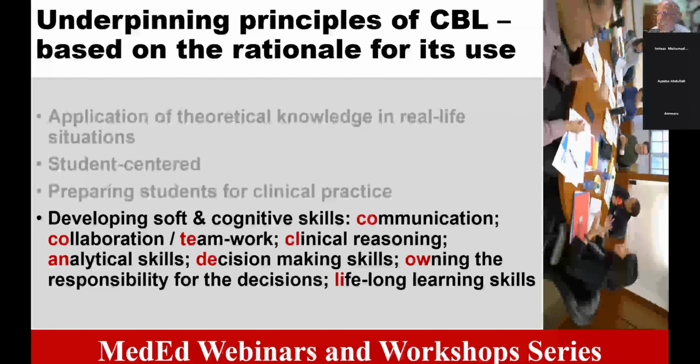So this is not really a precondition in case-based learning sessions. Although students have the learning outcomes, it is not a precondition that they have to read a lot and come there with preparation. So that is actually different than what we do in team-based learning.